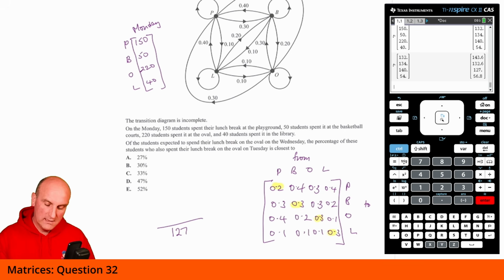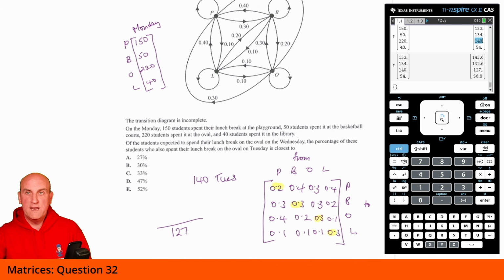All right, so what do we got here? From the oval to the oval, we've got 127 students. If I go back now to my oval, I had 140 students on Tuesday. So if I look at my data here, I had 140 students on the oval on Tuesday. So how many of those 140 made up the 127?